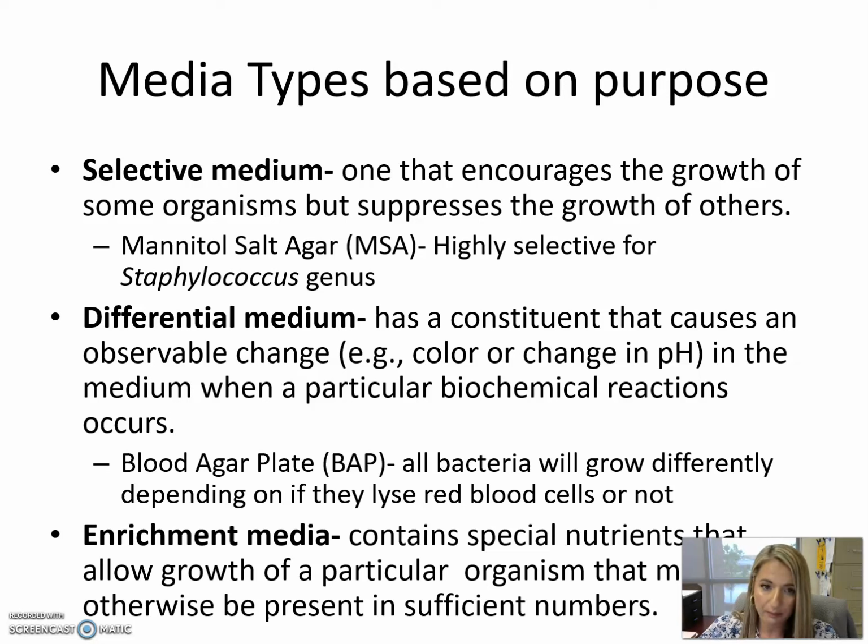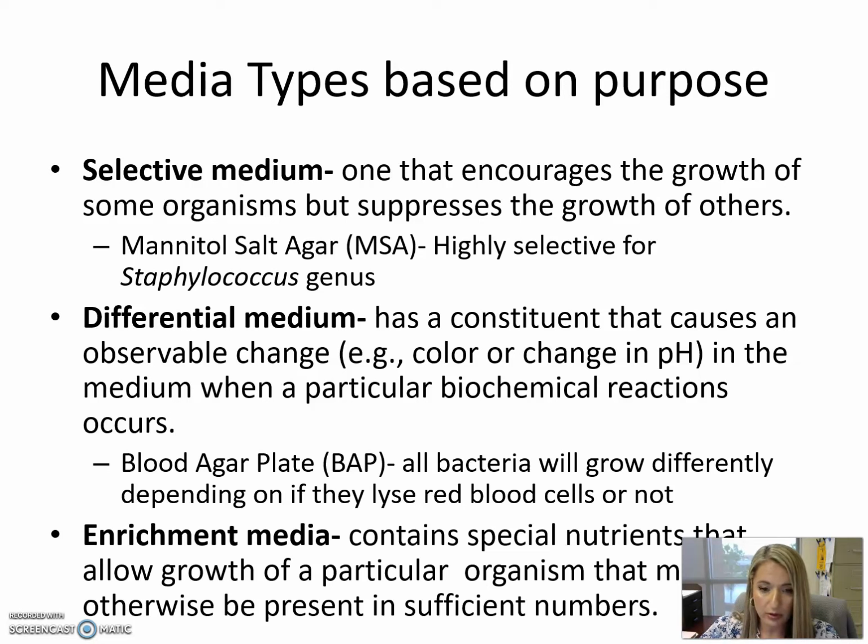So the best example of this is a plate known as an MSA plate, or mannitol salt agar. This is a plate that has a high salt concentration and will typically only allow the growth of Staphylococcus bacteria. Most bacteria are not going to grow well in a mannitol salt agar, and that's because of the high salt concentration.